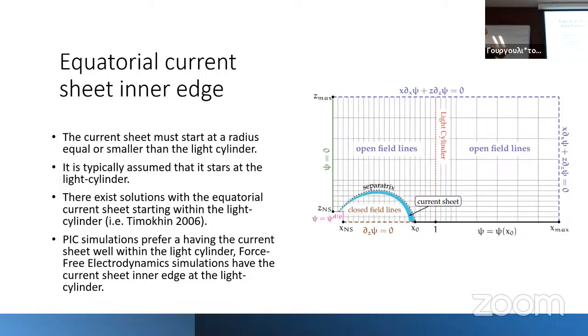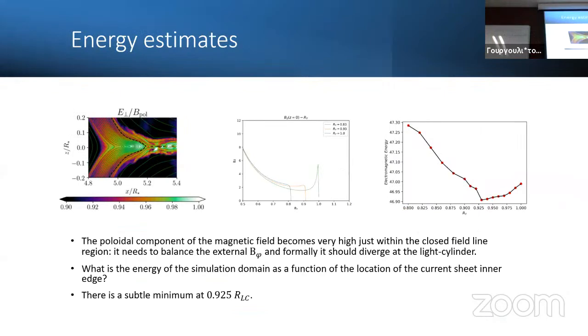In principle, using this method, one can essentially move the inner edge of the current sheet wherever you want. You can put it closer to the star. It's just a matter of choice. So what we did is that we did a calculation where we started moving the inner edge of the current sheet closer to the star instead of having it at the light cylinder.